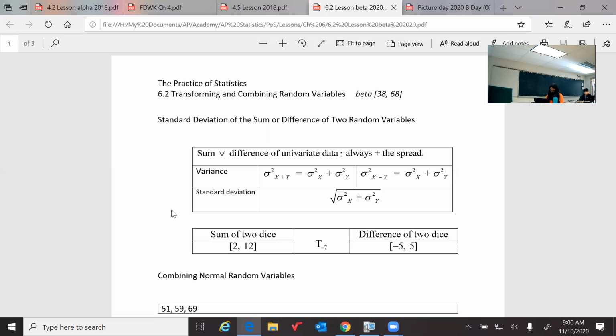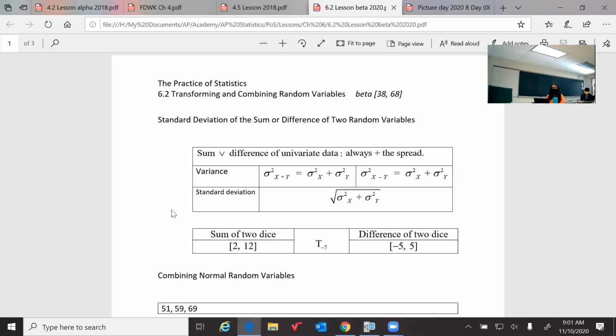So we roll two dice. Our expected outcome is to get a 7. That's the most likely outcome. It's only 6 out of 36 chance. We roll the dice, we can count the sum. The expected outcome is a 7, 6 out of 36 pairs. We count the difference, the expected outcome is 0.